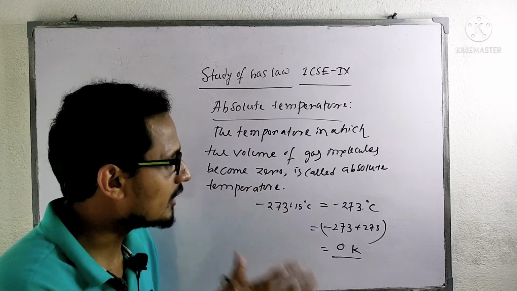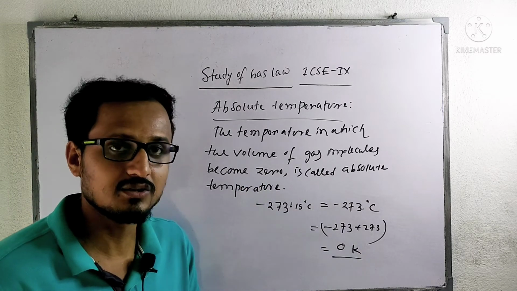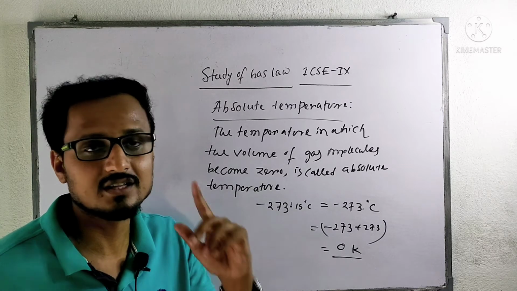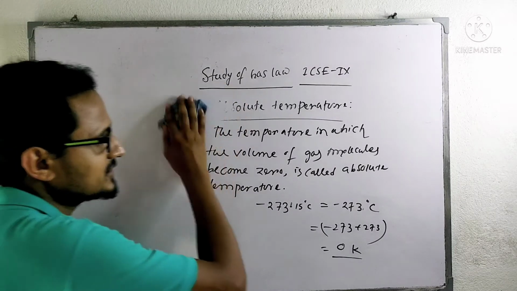Now how the volume of gas molecules becomes 0 at this temperature can be shown by taking into consideration Charles law. We'll arrive at the absolute temperature from Charles law.